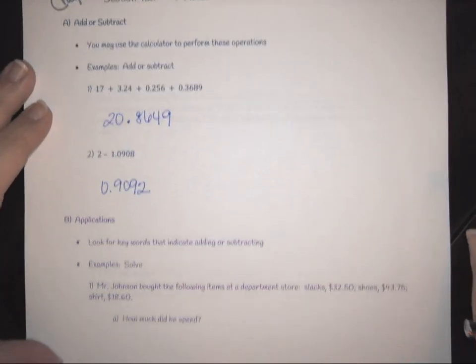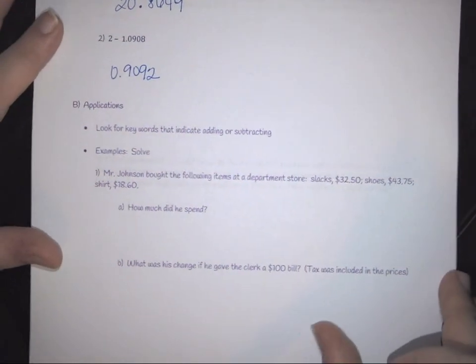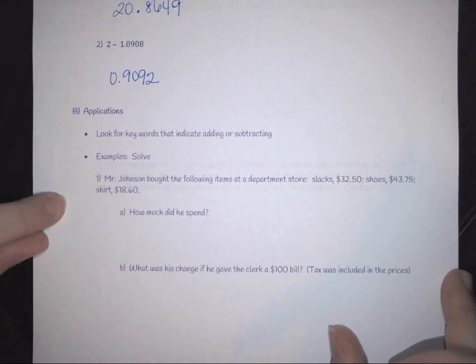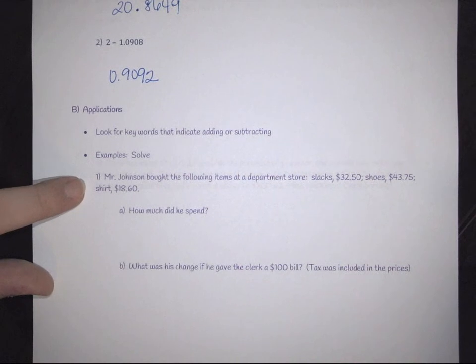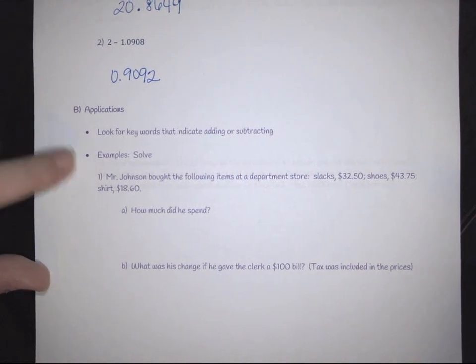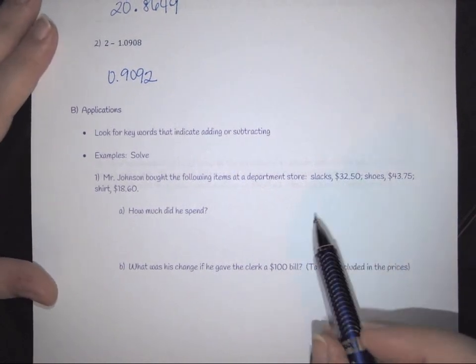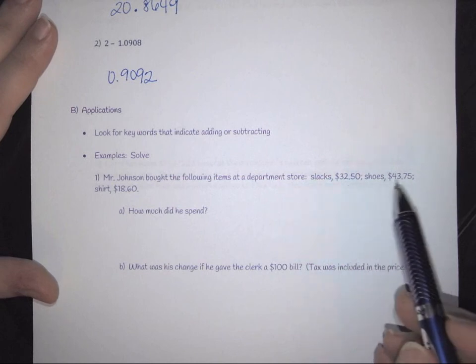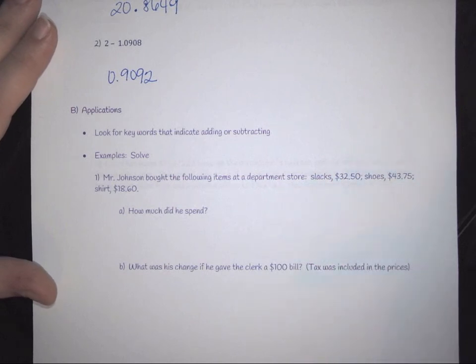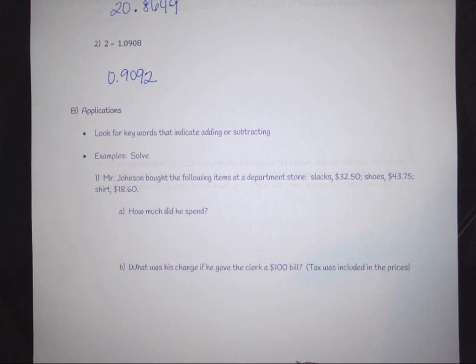Now with that, the biggest thing we do with a lot of our decimals is we work with some of these applications. So here, the first one says, Mr. Johnson bought the following items at a department store. Slacks for $32.50, shoes for $43.75, and a shirt for $18.60.